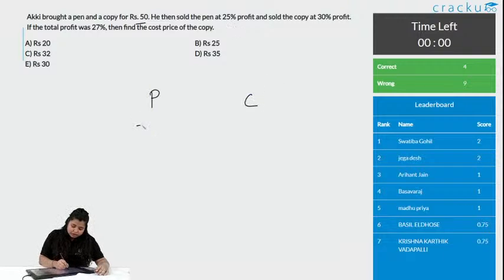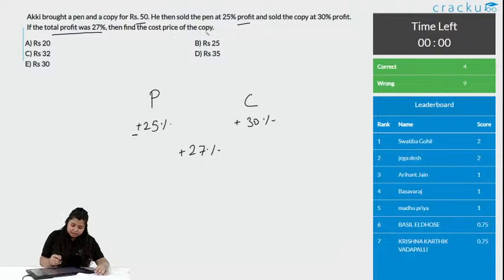Pen was sold at 25% profit. Remember, there's profit, that's why I'm putting a plus sign here, and the copy was sold at 30%. What is the aggregate, that is total profit he got, is 27%, right? And again this is profit, so a plus sign for that.